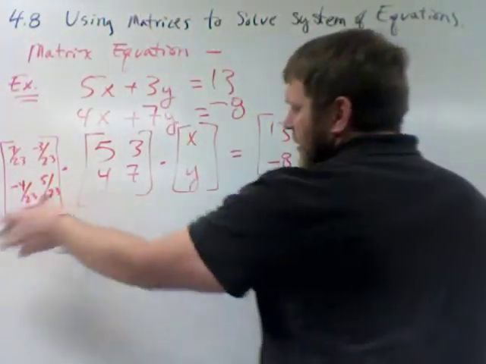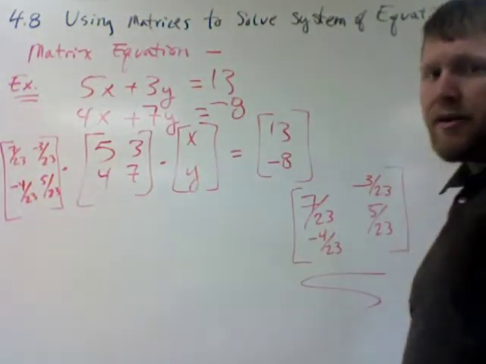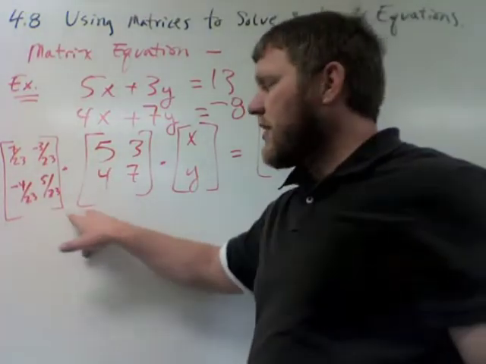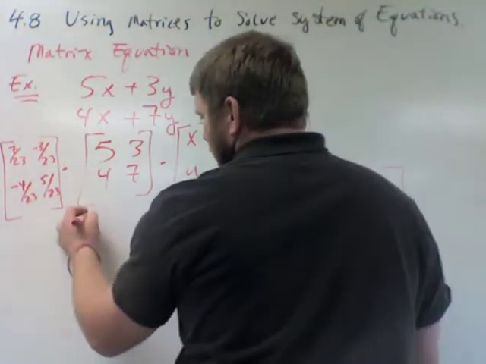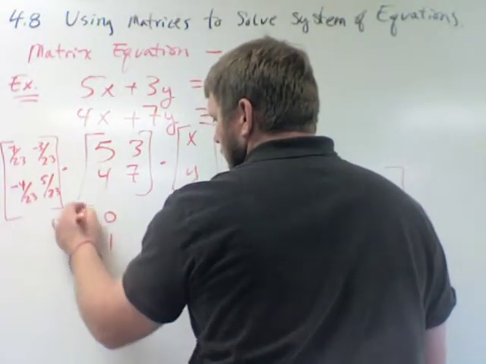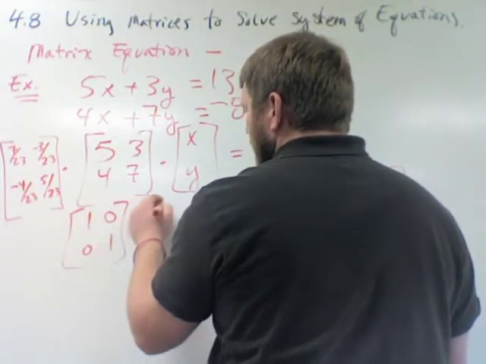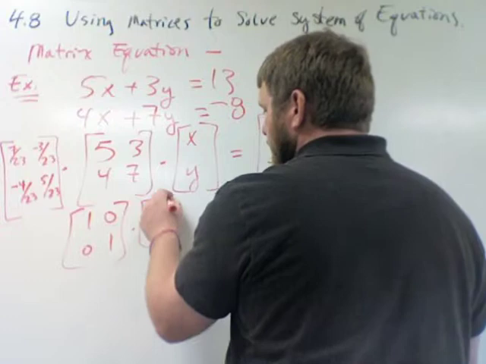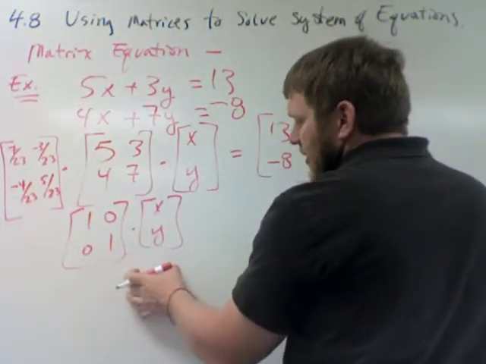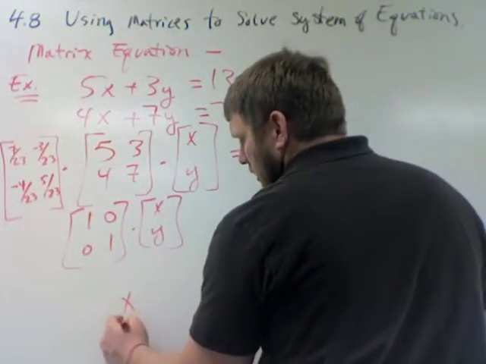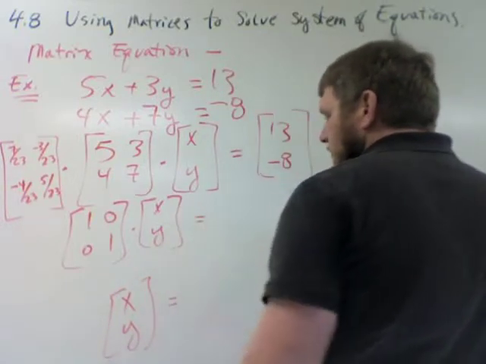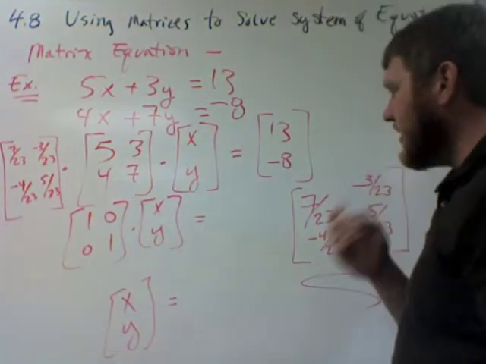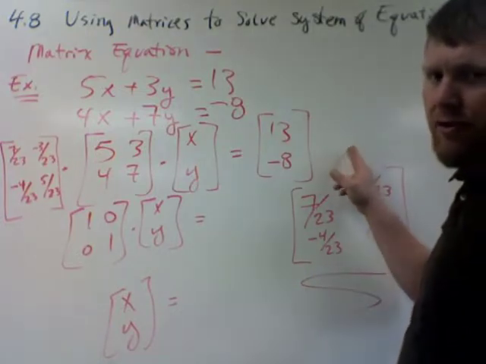Well, it really doesn't matter what this side is, because I know that these are inverses of one another, so therefore they're the identity matrix. So it's basically 1, 0, 0, 1. At least that's what it should do if you found your inverse right. Now that is just going to equal this matrix because it's the identity. The hard part is going to be doing the math over here on this side.